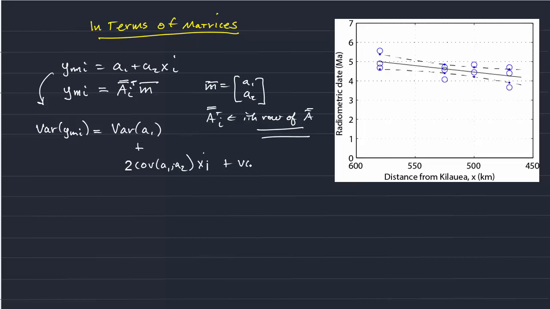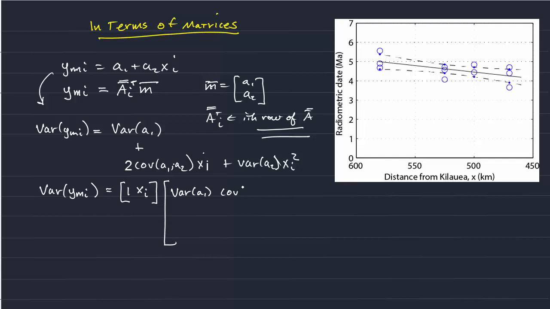And then the last term is the variance of A2 times xi squared. And we can write that in matrix form using the matrices that I just defined. Like that.